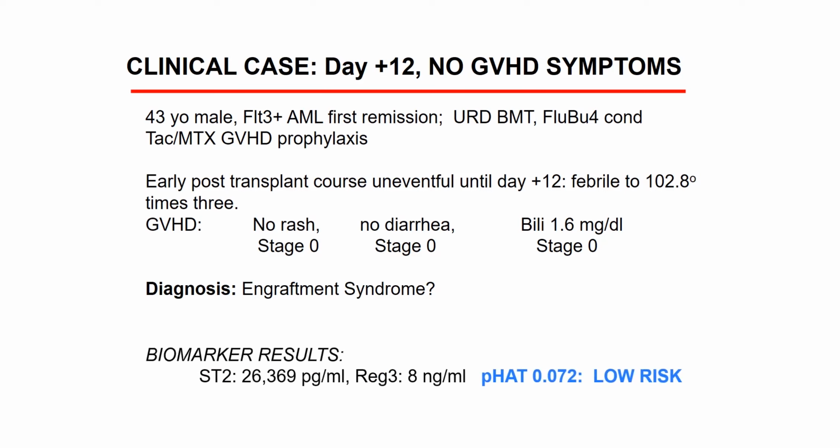And if you do biomarkers on this patient, what we found was that his ST2 was actually pretty low at 26,000 picograms per ml, and his REG3 was essentially at the lower limit of detection at 8 nanograms per ml. So the p-hat, which is the old term for the MAP, was 0.072. That was low risk.